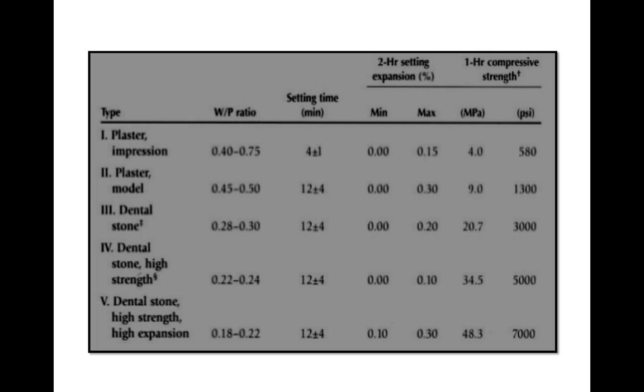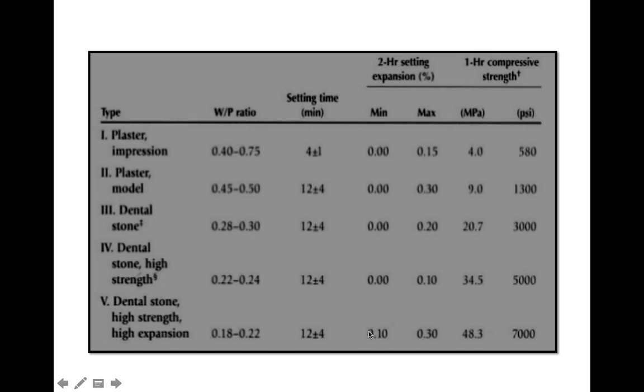Next is the setting time, which ideally ranges from 4 plus or minus 1 for type 1 and 12 plus or minus 4 for all the rest of the types. Coming to the next column, which is very important: the minimum setting expansion percentage after 2 hours is almost zero, whereas for type 5 it is 0.10.